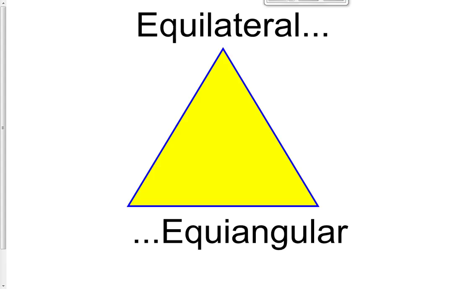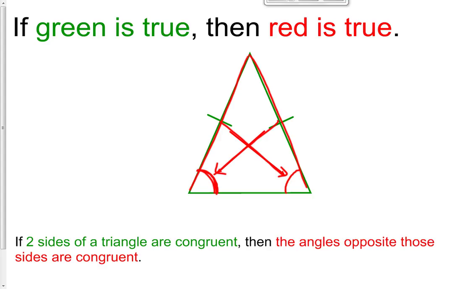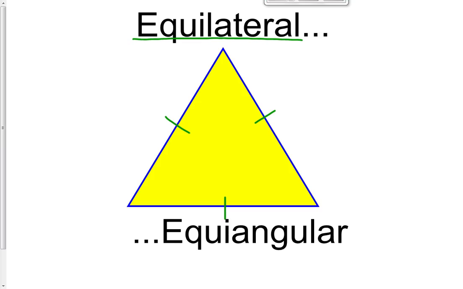So now let's think about equilateral triangles, as well as equiangular. Equilateral means that all three sides are equal to each other. So this side is equal to this side is equal to this side. On a slide a couple slides ago, it said if two sides of a triangle are congruent, then the angles opposite those sides are also congruent. So that's what we see here in this equilateral triangle.